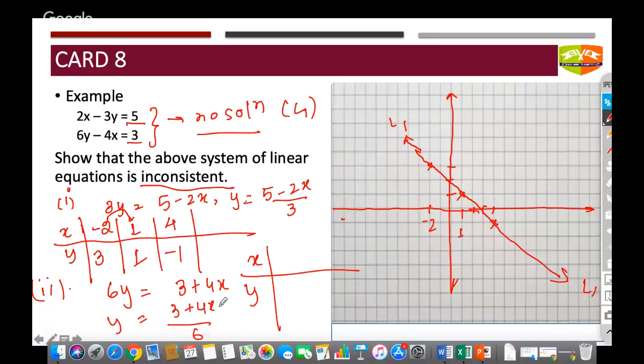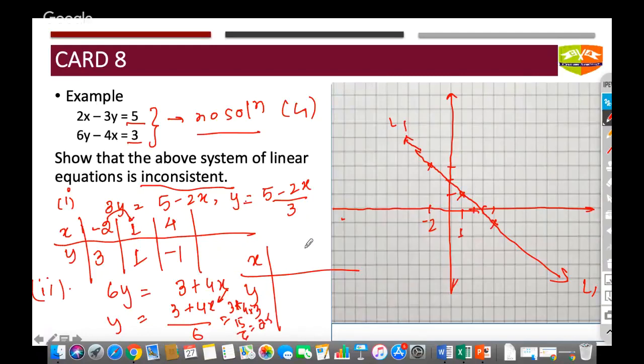Choosing a value of x so that it is divisible by 6, prima facie, because if I take 1 or 2, it will not give, 3 it will not give. But on x is equal to 3, I get 3 plus 4 into 3, which is 15, divided by 6, which is 2.5.